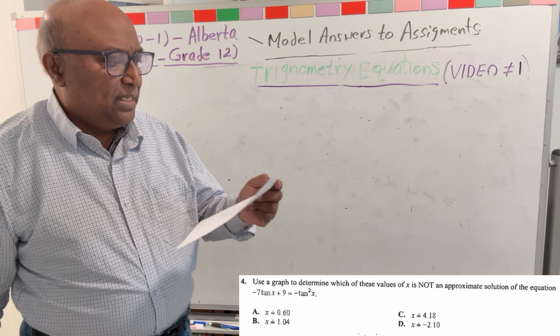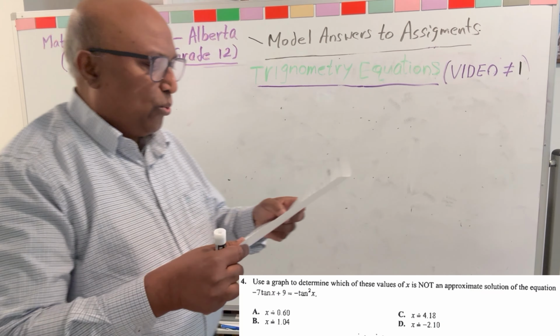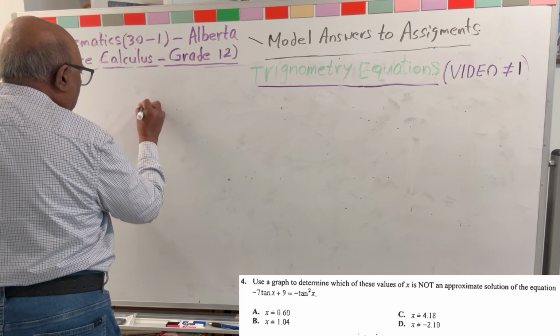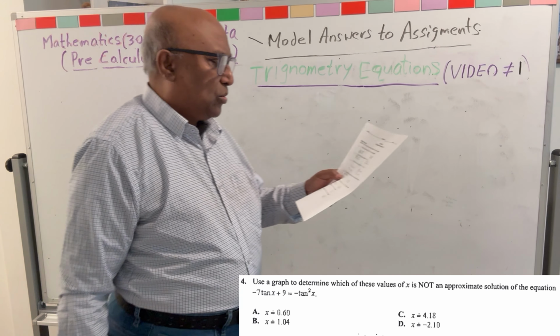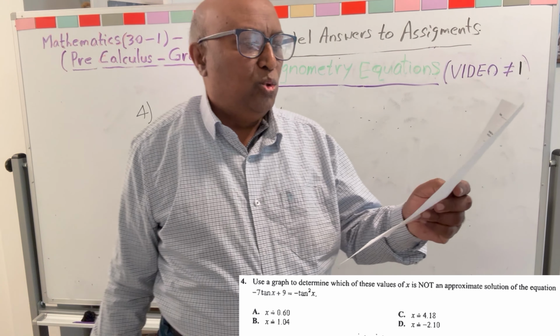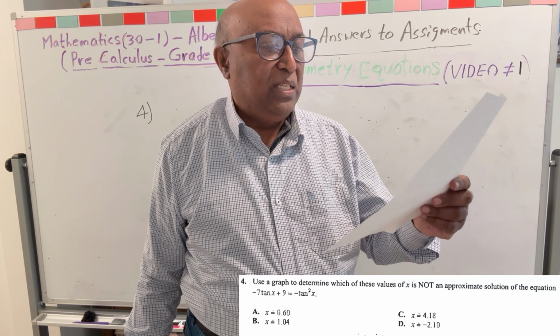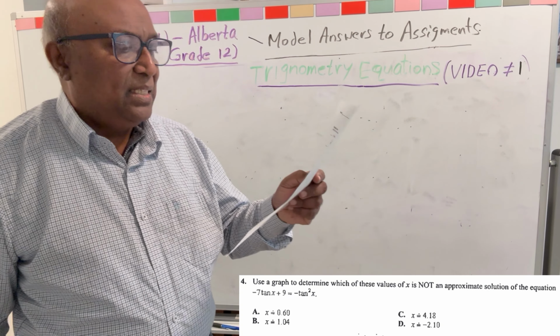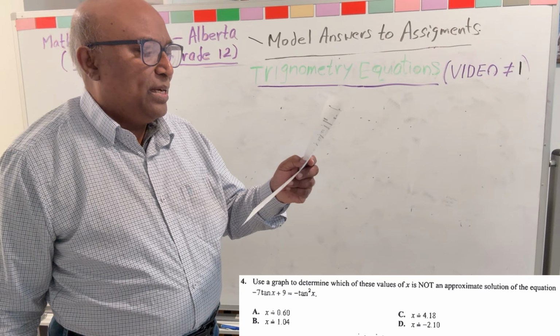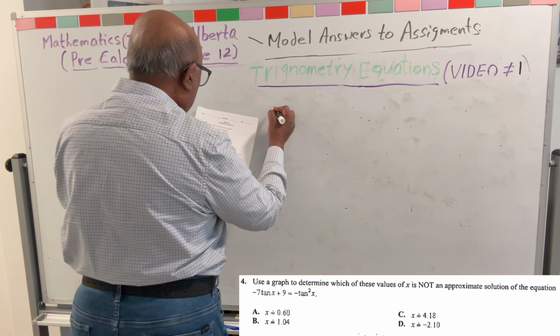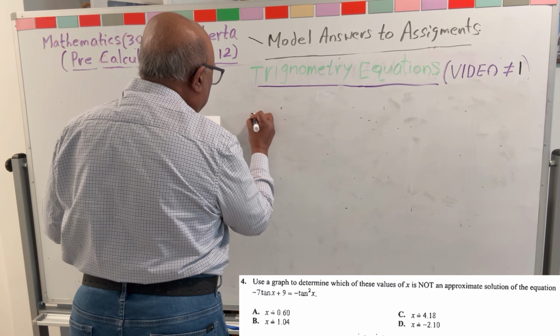Okay, now let's look at the next question. Question number 4 says, use a graph to determine which of these values of x is not an approximate solution for the equation. Okay, this is the equation.